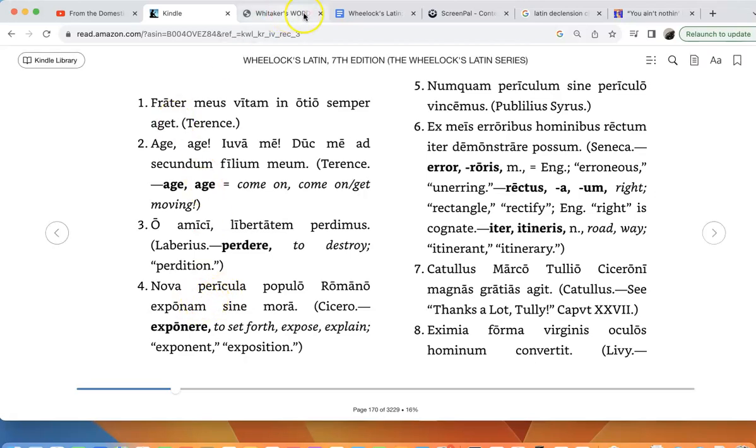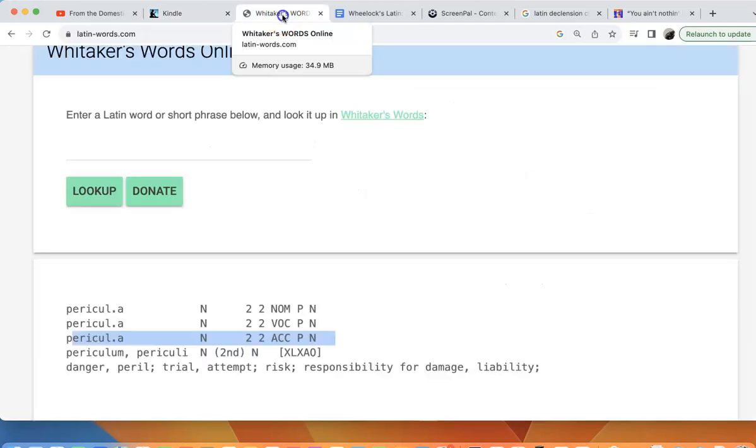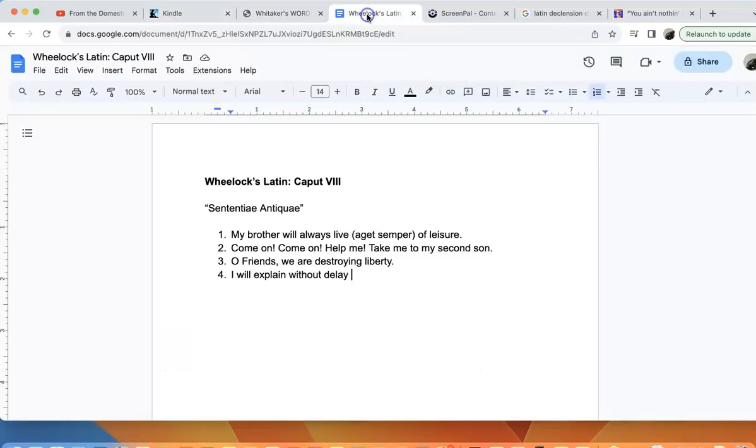That just doesn't work. So we're able to eliminate that, and then it's not the vocative because we have no context that somebody's speaking to someone. So the only thing left through logic is accusative plural, and it means dangers. So we go back to our example. I will explain without delay the new dangers because we have nova pericula.